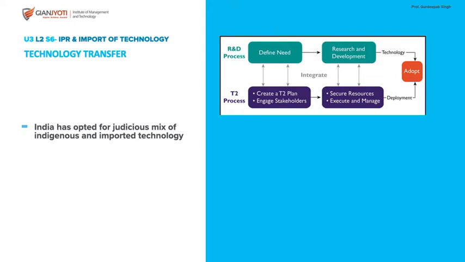But today what we are doing is integrating. Some of the technology we are importing and some of it we are building through our R&D processes. So if we talk particularly about India, India has opted for a judicious mix of indigenous and imported technology.